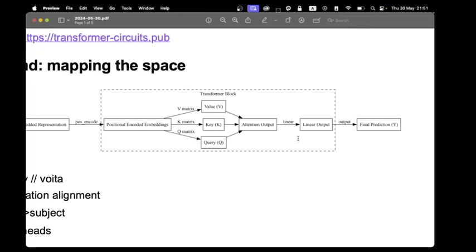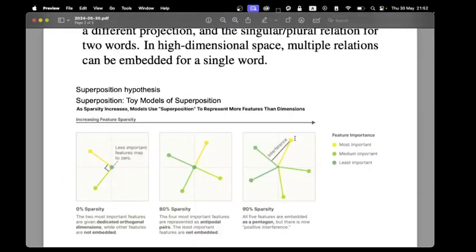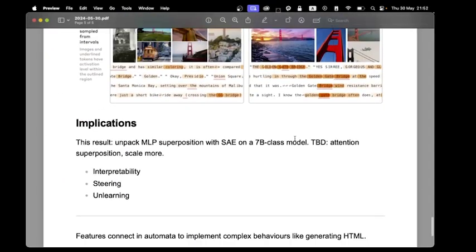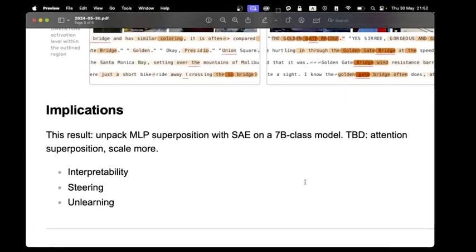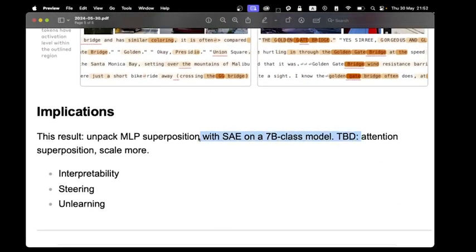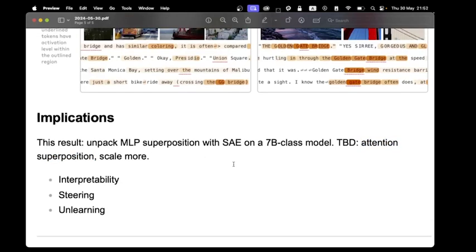They have reasons for choosing this box in particular, but many boxes to choose from. One of the things which is currently unsolved is attention superposition, because we expect attention to have the same thing with orthogonality. This is a straightforward direction to go to next. Another straightforward direction is to just scale the thing, make it work on a 70B class model, not a 7B class model.